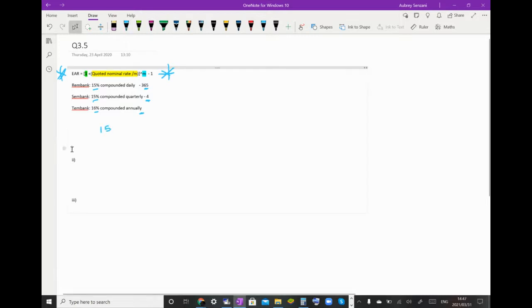Let me create more space here so I can write freely. This we can say is 0.15, divided by how many compounding periods? 365. This is in brackets, so we handle that first, then plus 1.